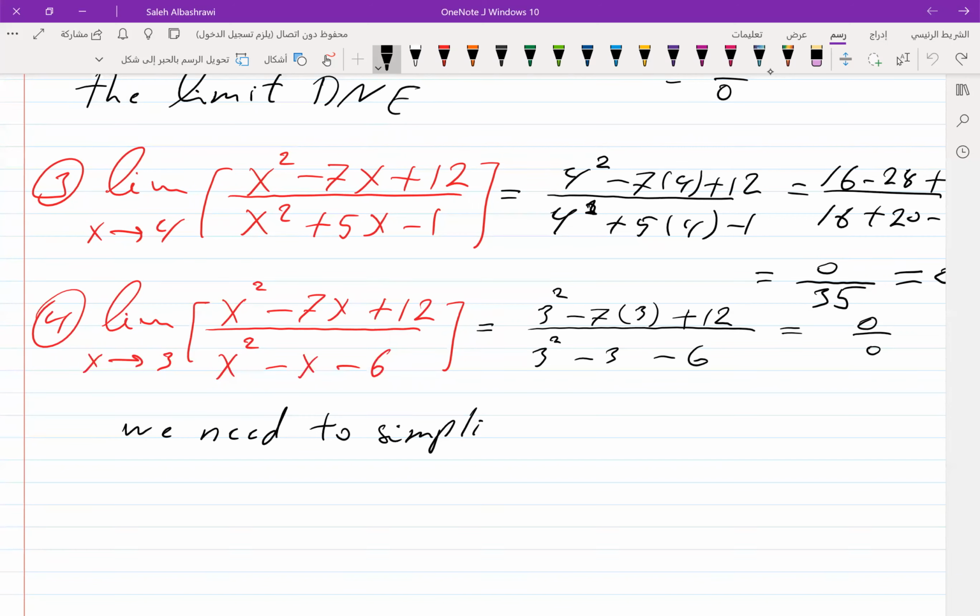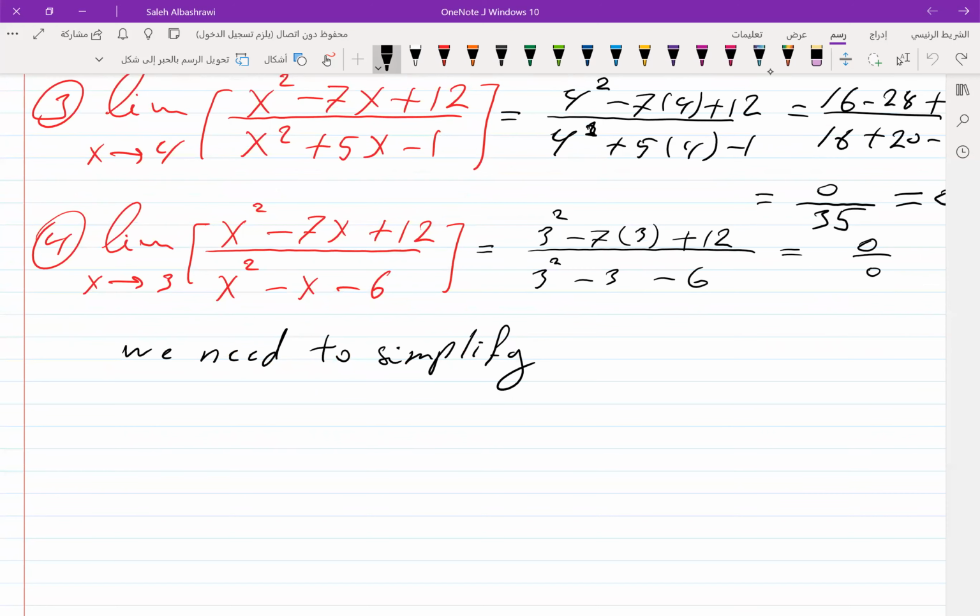Okay, so this will be the limit. The numerator can be written as a product of two factors, and also the denominator.